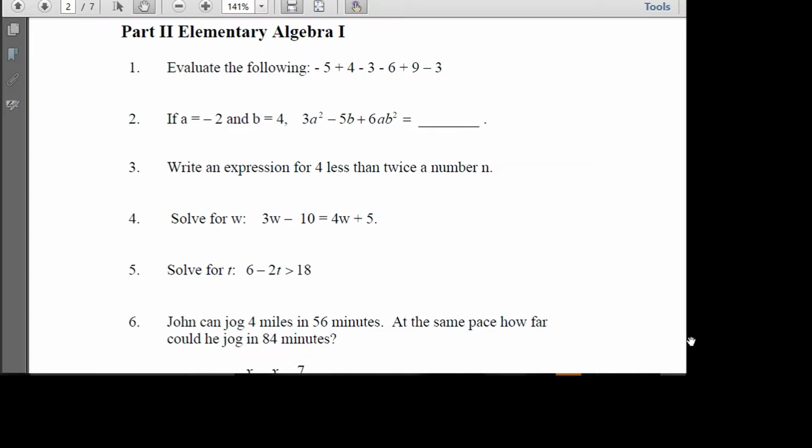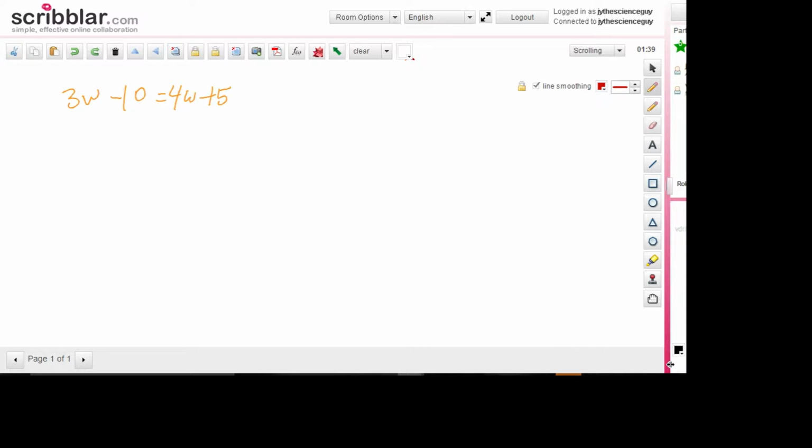So here's the question. 3W minus 10 equals 4W plus 5. Okay. So you need to get the W's on one side and the others. So I would do 3W equals 4W plus 5 plus 10, which is 3W equals 4W plus 15.